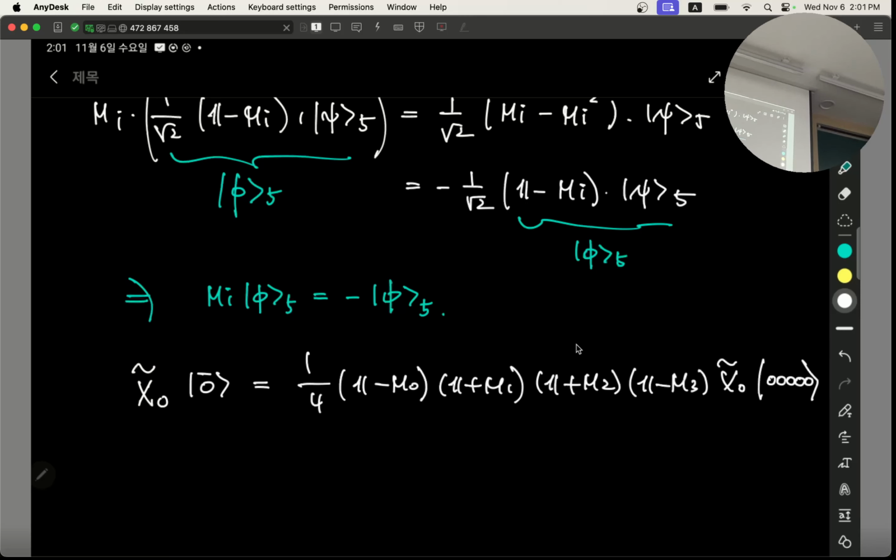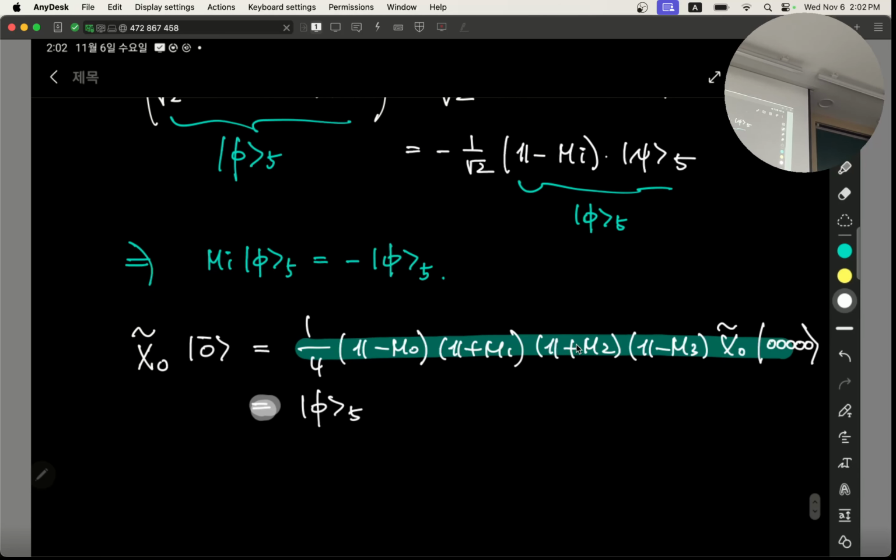All right. So think about the entire state here. The entire state is going to be called, let's say, psi state. I'm trying to think about this psi state as an eigenstate of Mi. So let's try to multiply m0 to the phi state.